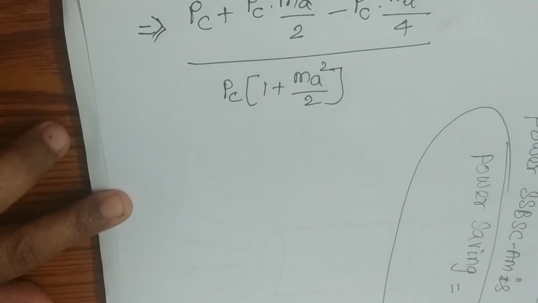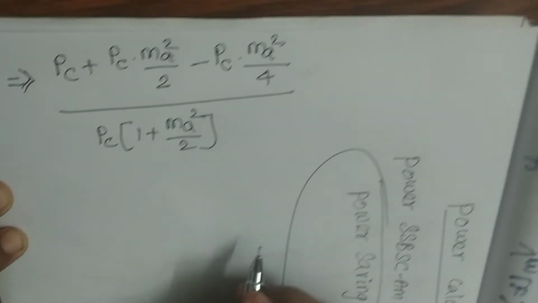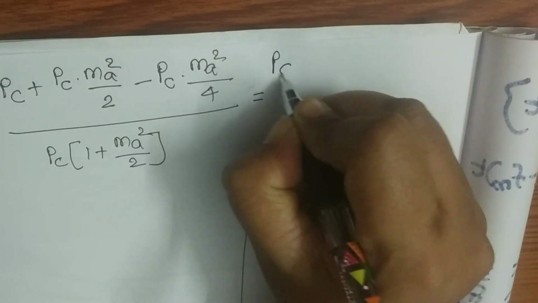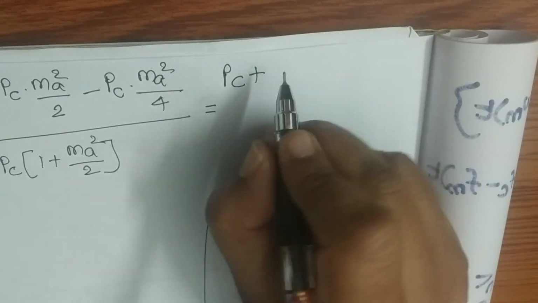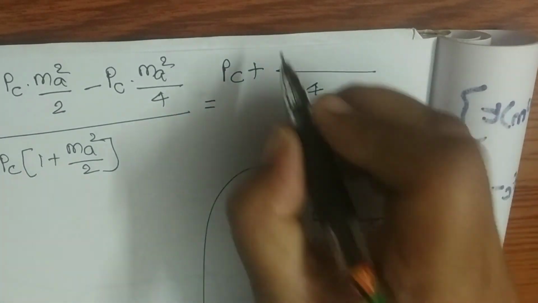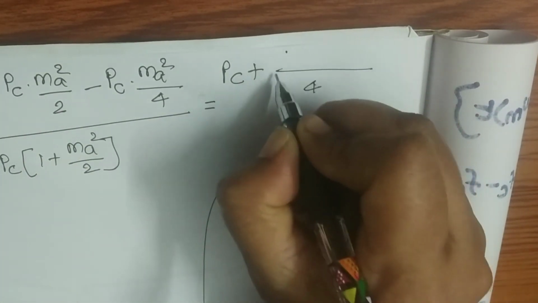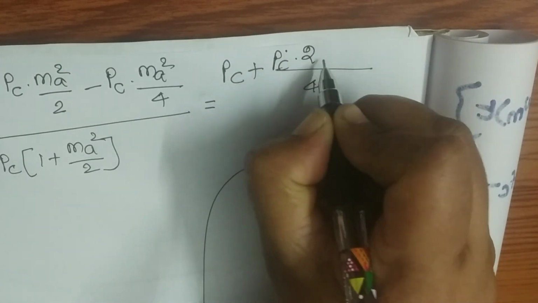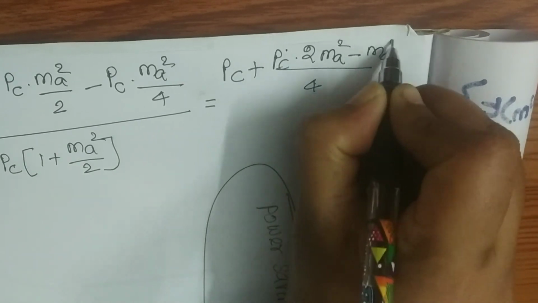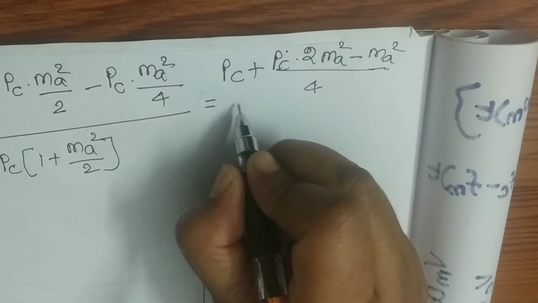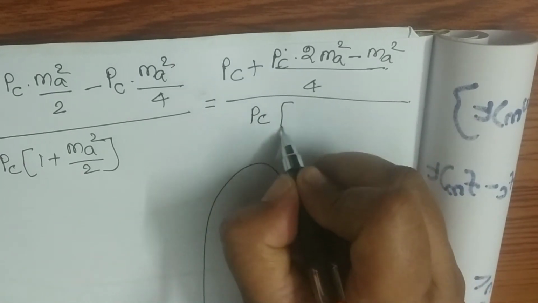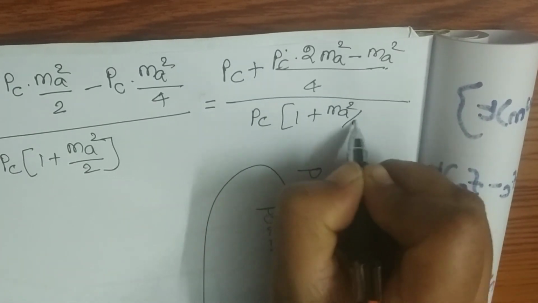So this upper part becomes PC plus, I am taking LCM 4, so this part becomes PC into 2 MA squared minus MA squared whole.